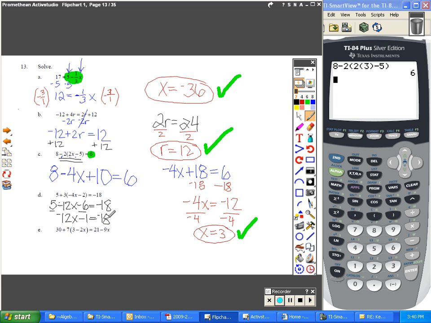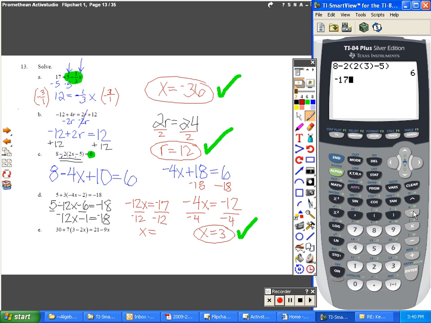To get rid of a minus 1, I'm going to add 1 to both sides. That gives me negative 12x is equal to negative, this comes out ugly. Divide by negative 12, divide by negative 12. Ugh. X equals, let me see, negative 17 divided by negative 12.